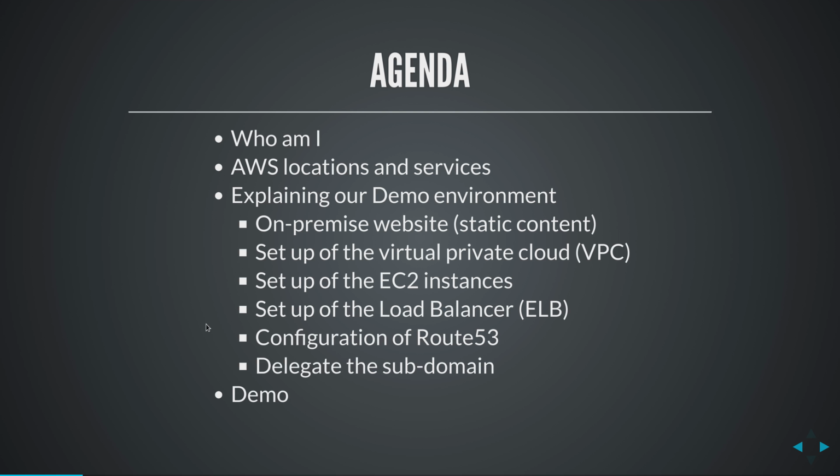We will set up the virtual private cloud, or actually I already did that to save some time for the demo. Set up the EC2 instances, configure the load balancer, and do the configuration of the Route53 service. And since we are using our own domain, we will have to delegate a subdomain to AWS. Once that's done, then we'll have a demo to see how things are actually behaving.